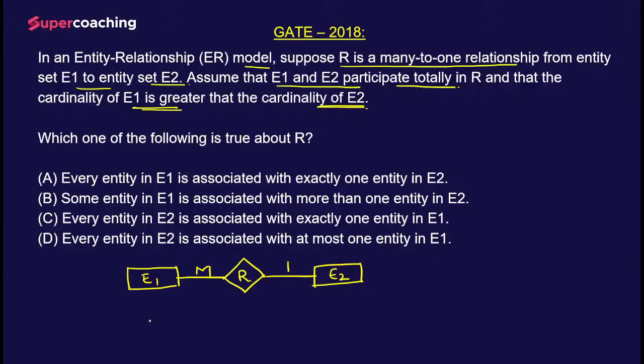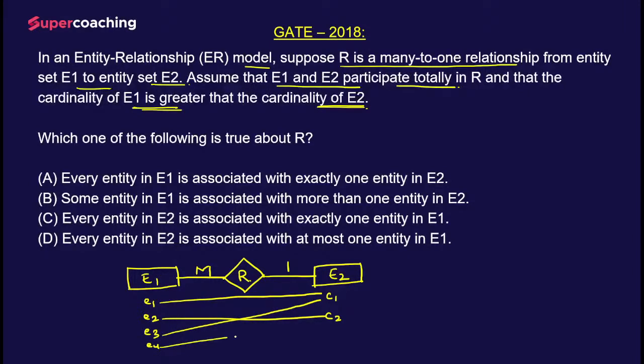So what will happen? Cardinality is greater: E1, E2, E3, E4, and let's assume we have C1 and C2. Cardinality is more, and there is total participation. So let us assume that this is related here like this. Total participation is there from both the ends.